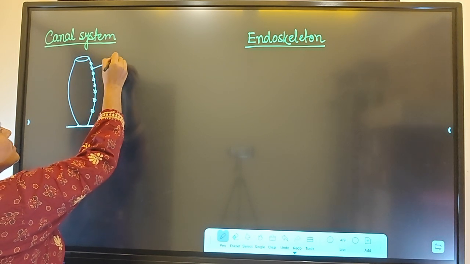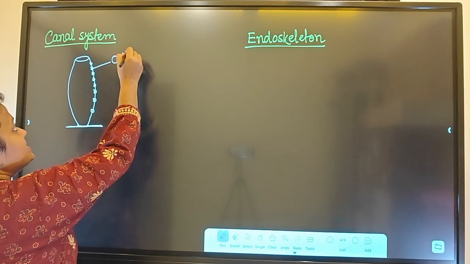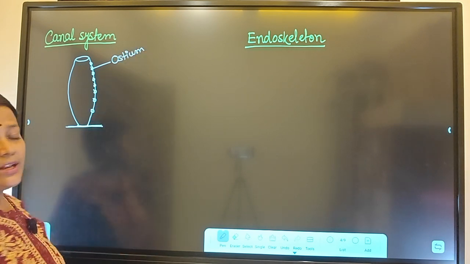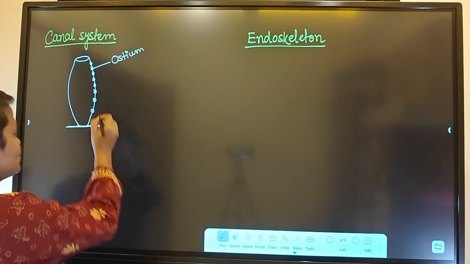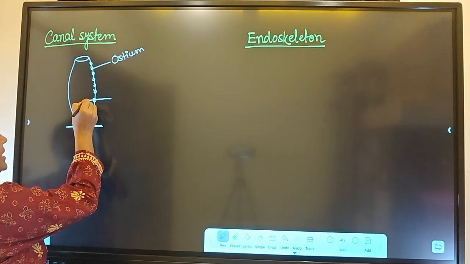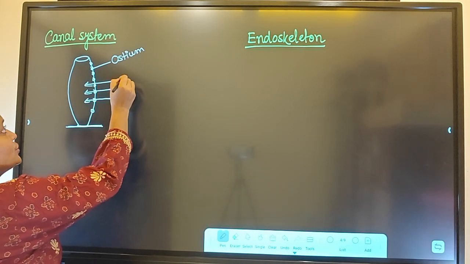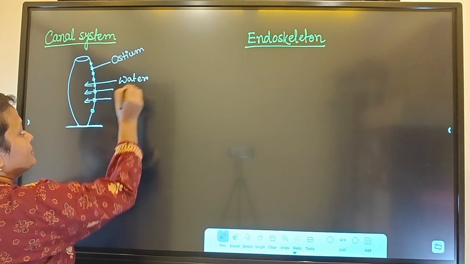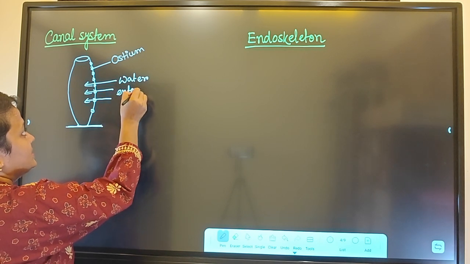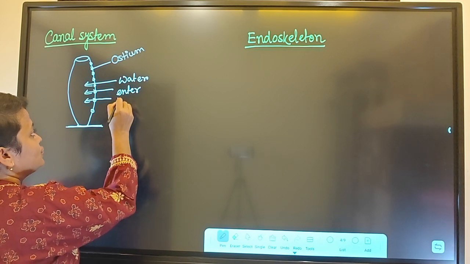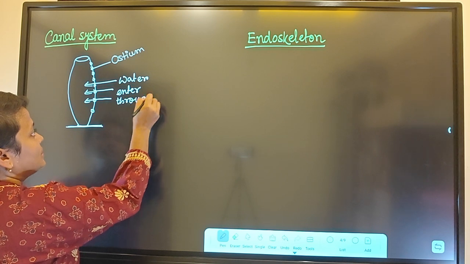These pores are called ostium, in plural ostia. Through that pore, water will enter.